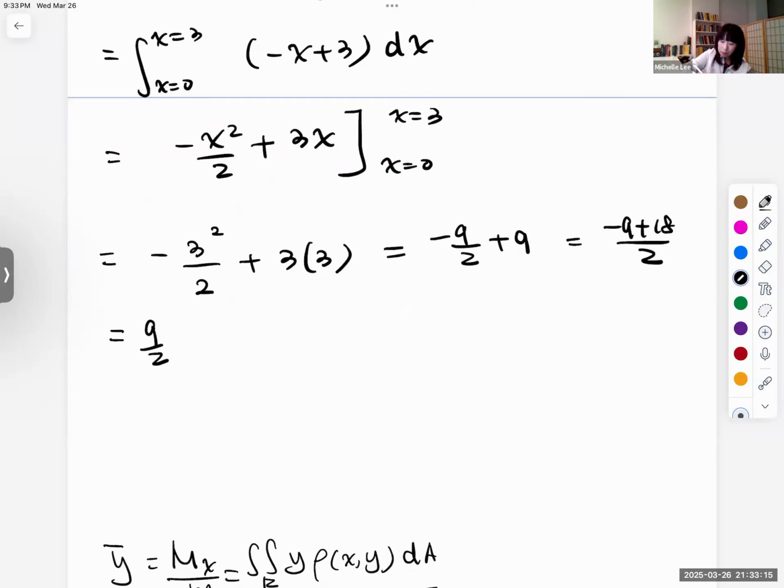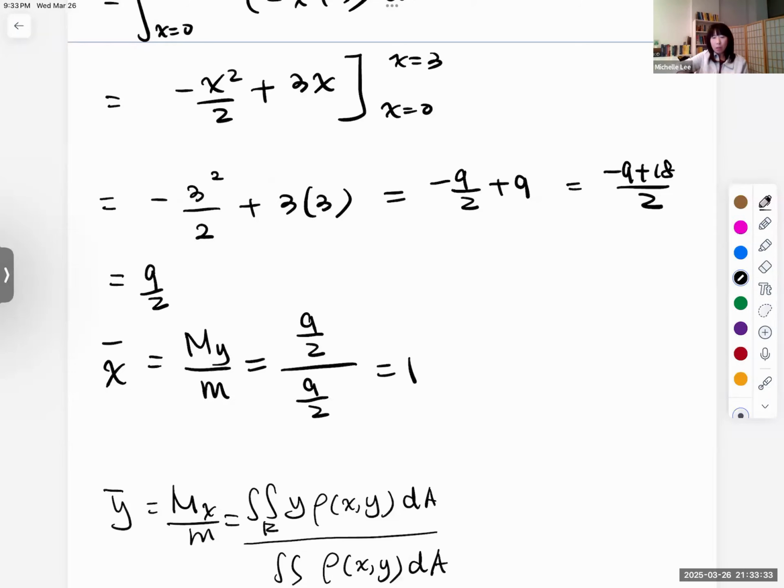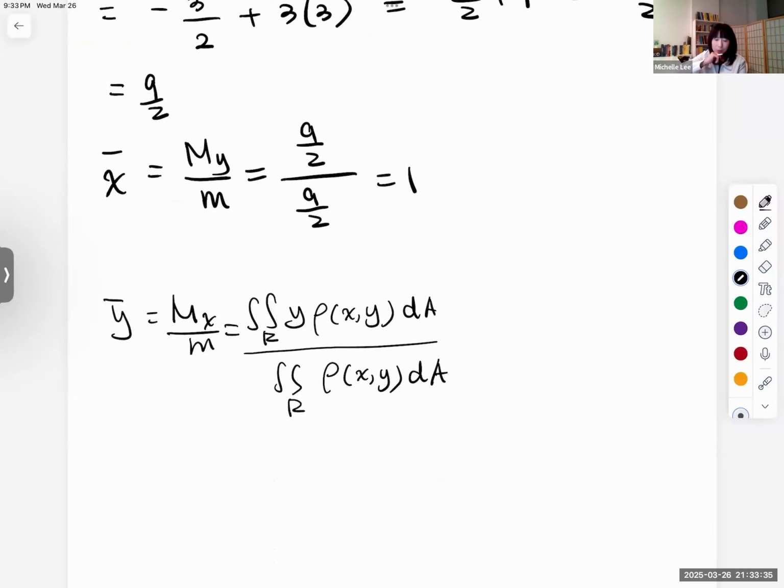So we get the numerator over the mass. Then we have 9 over 2 over 9 over 2, which is 1. Okay, let's do it for y.